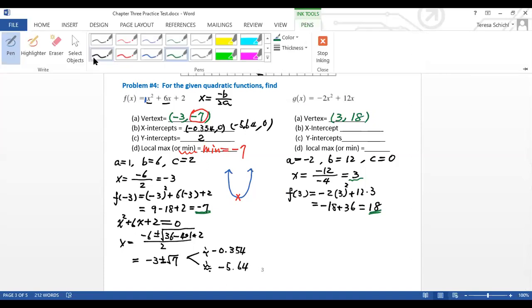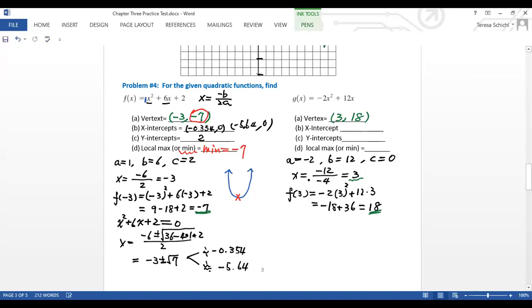Okay, so now let's take a look at the x-intercept. The x-intercept, you set equal to 0 and solve for x. So I have negative 2x squared plus 12x, and that means set equal to 0. I can factor. I can take a negative 2x out. So what is the first term? X. I take a negative 2 out, what is here?